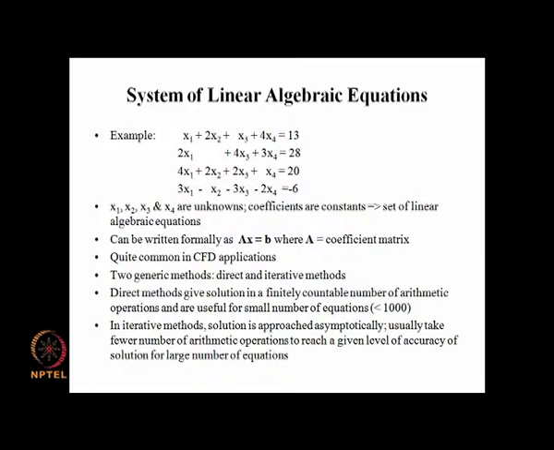The only problem is that n plus 1 factorial is too many operations when we are looking at a large number of equations. Otherwise, it is a method which is quite good, it would work, and it is an example of a direct method. Other examples are methods that you might have heard of, like the Gaussian elimination method or the tridiagonal matrix algorithm.